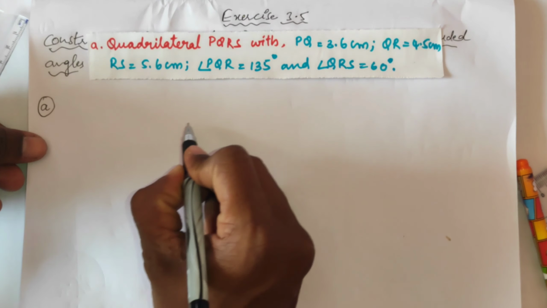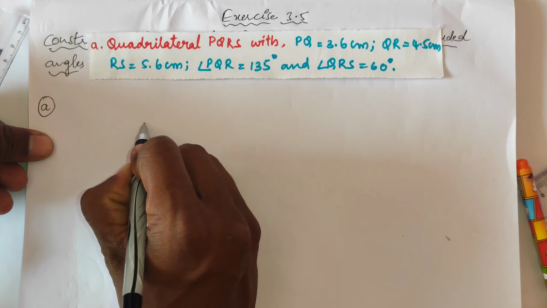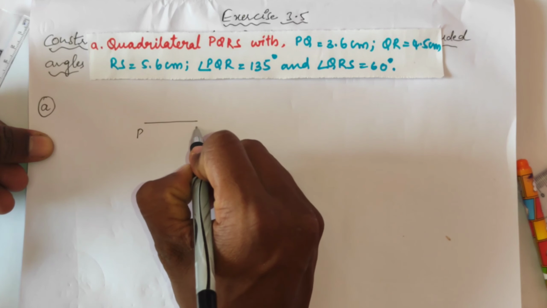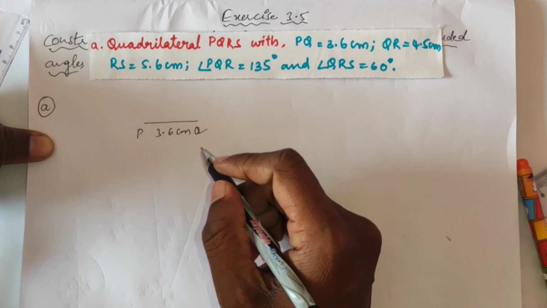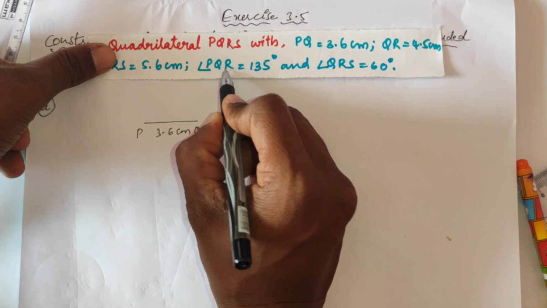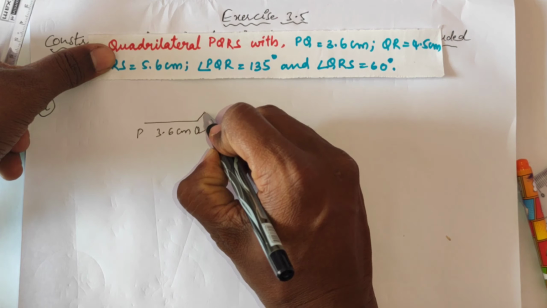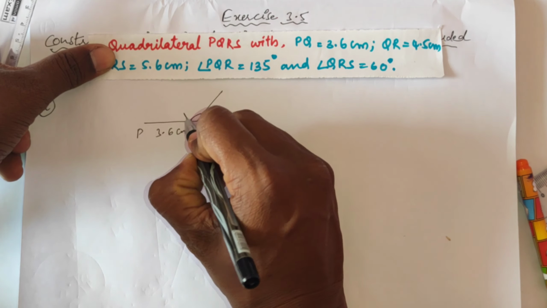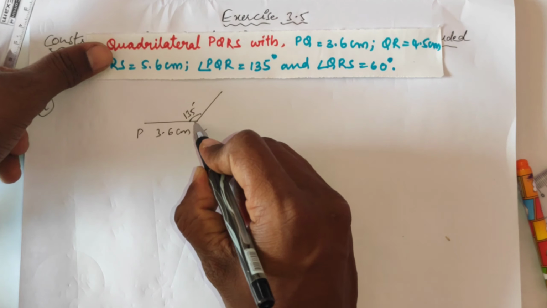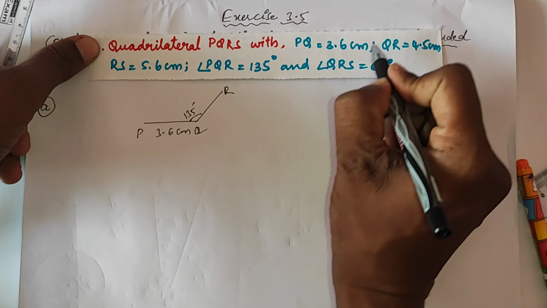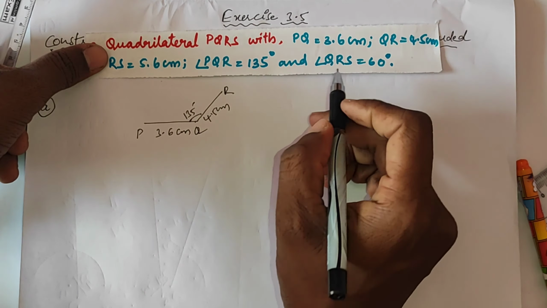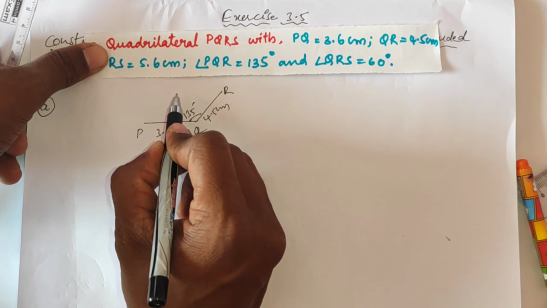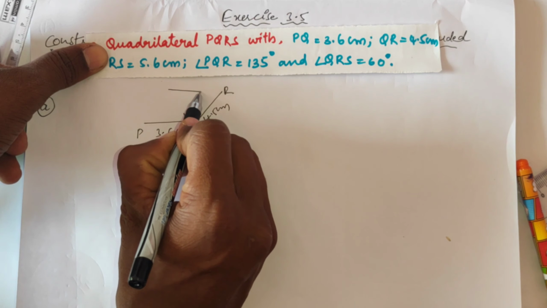So PQRS, given PQ as a base, 3.6 centimeters, and given angle Q, how much is given? 135 degrees. And QR the measure is given as 4.5 centimeters and angle R is given as 60 degrees.